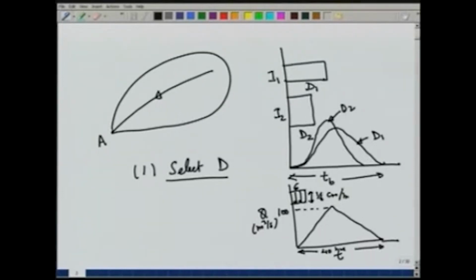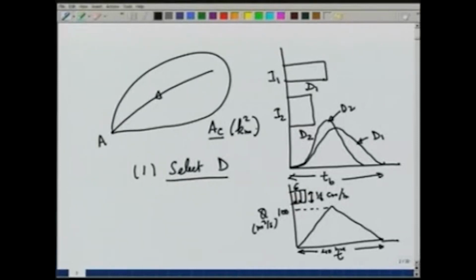Let us say that the area of the catchment is A_C, and typically these areas are measured in kilometer square. Therefore, the volume of effective precipitation would be A in kilometer square.